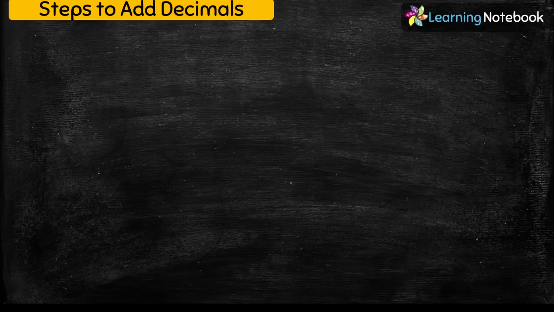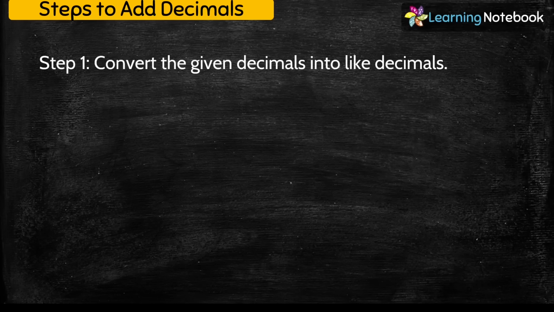Students, some steps need to be followed to add decimals. So let's understand these steps. Step 1 is convert the given decimals into like decimals, as we did in comparing decimals.